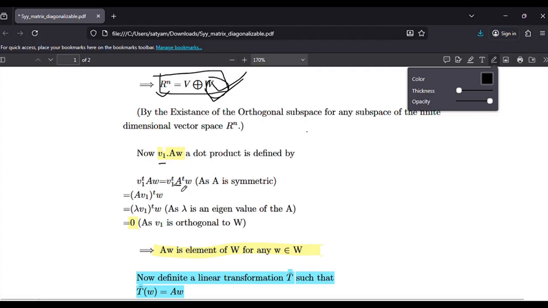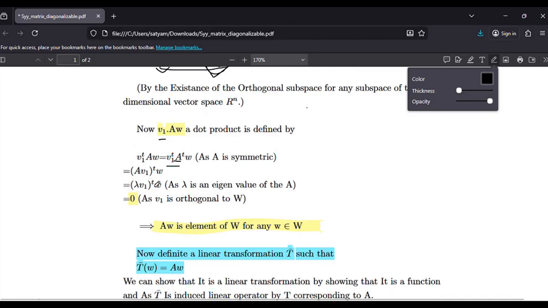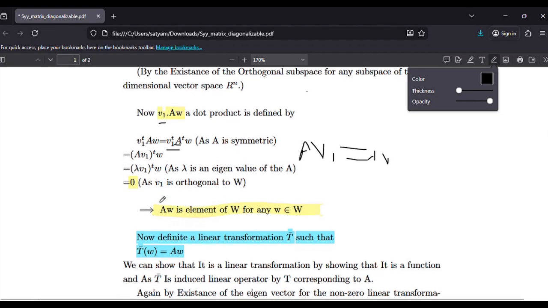Now this term is equal to (A v1) transpose W, but A v1 is equal to lambda v1, because v1 is the eigenvector of A and lambda is the corresponding eigenvalue.